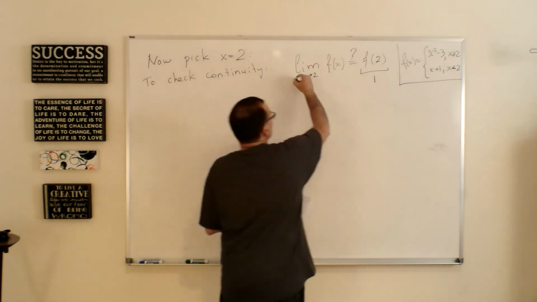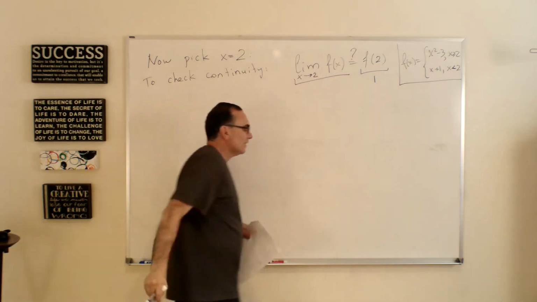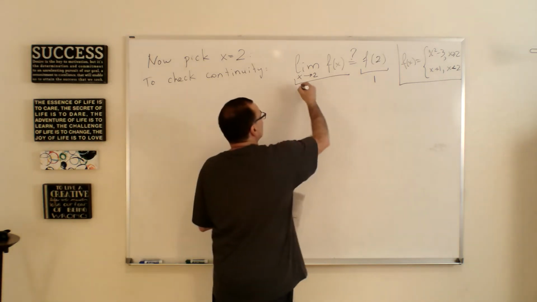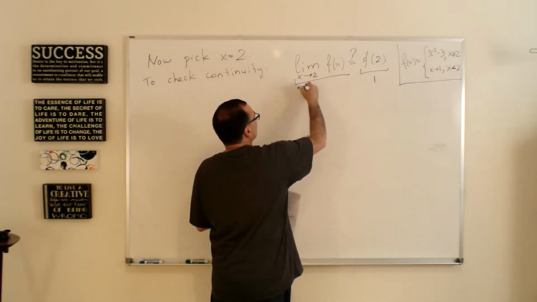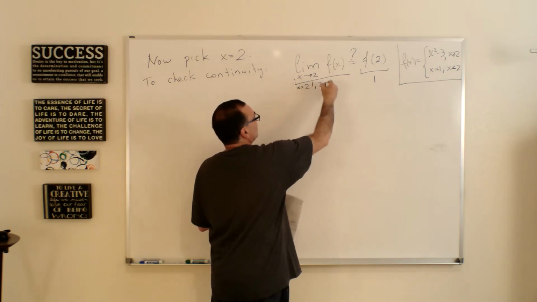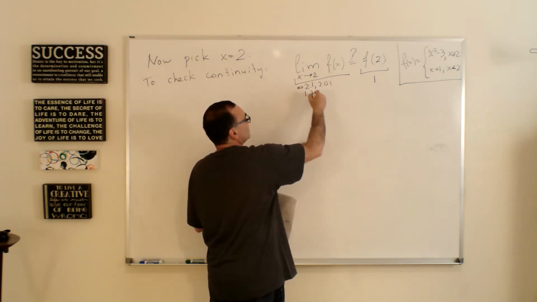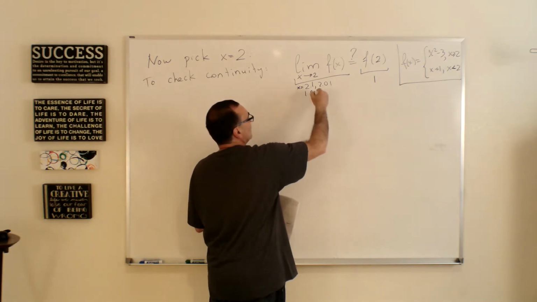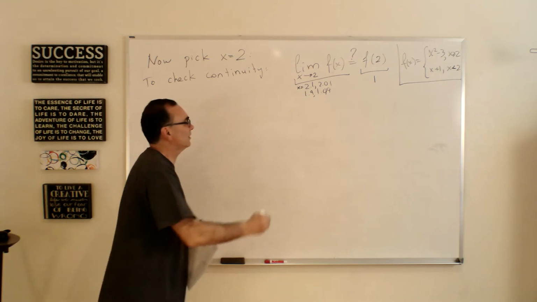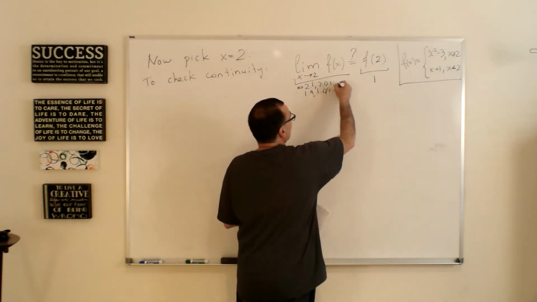But now for this limit, if you try to apply the same reasoning, x should equal slightly bigger than 2 numbers, such as 2.1, 2.01, and slightly smaller than 2, such as 1.9 and 1.99, etc. Now see what happens.